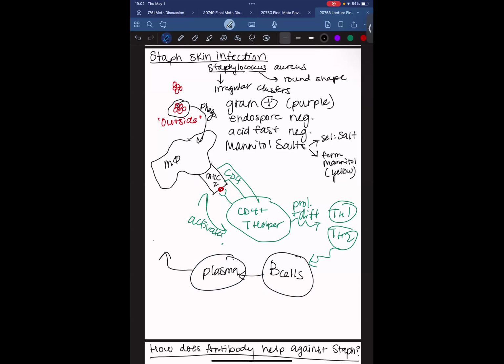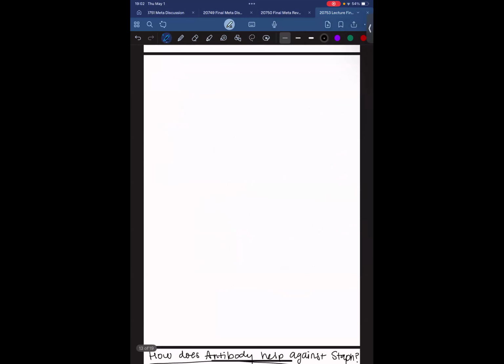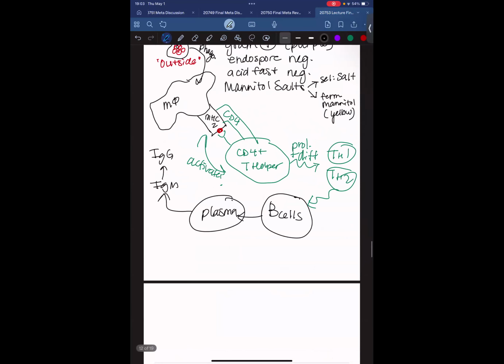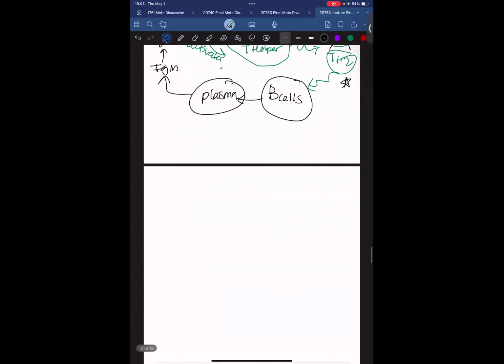The plasma cells will crank out IgM first, and then class switch into IgG and whatever else. So that's our immune response to what's going on in here. Just to summarize it, we went through it, right? We don't need an inside response. We're not going to need to see a response of our Th1 here. We don't have inside stuff going on. So we're not going to get a lot of signaling on that side, but we'll get a lot more signaling on our outside captain, the Th2 guy.